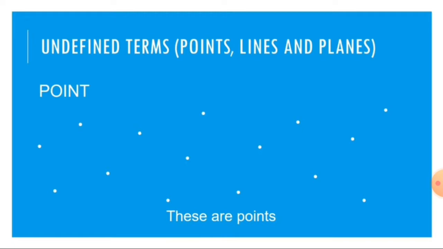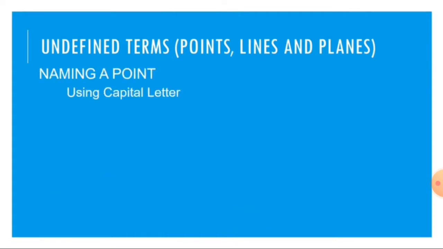So, there is a way for you to name a point. And let's start working with that. Okay, to name a point, we use capital letter. One capital letter is enough to represent a point, like this.